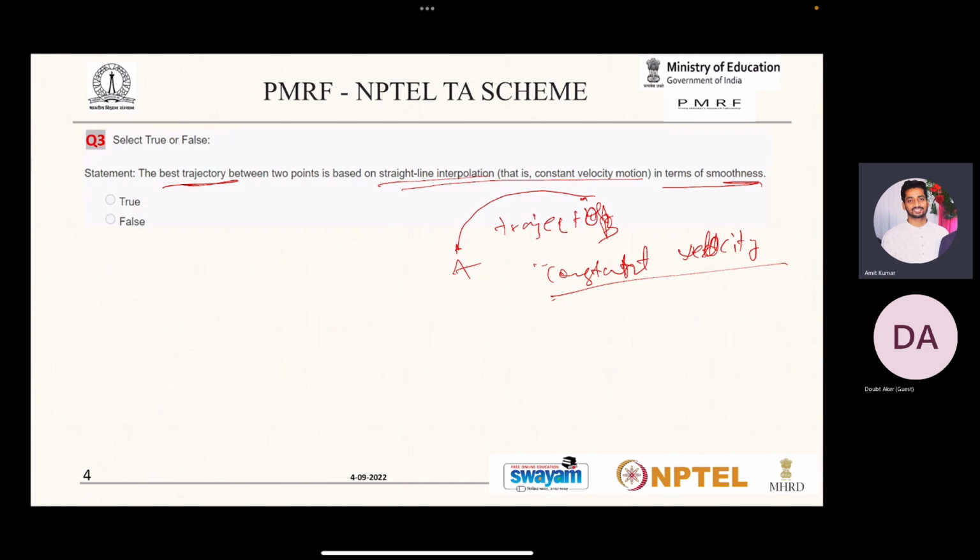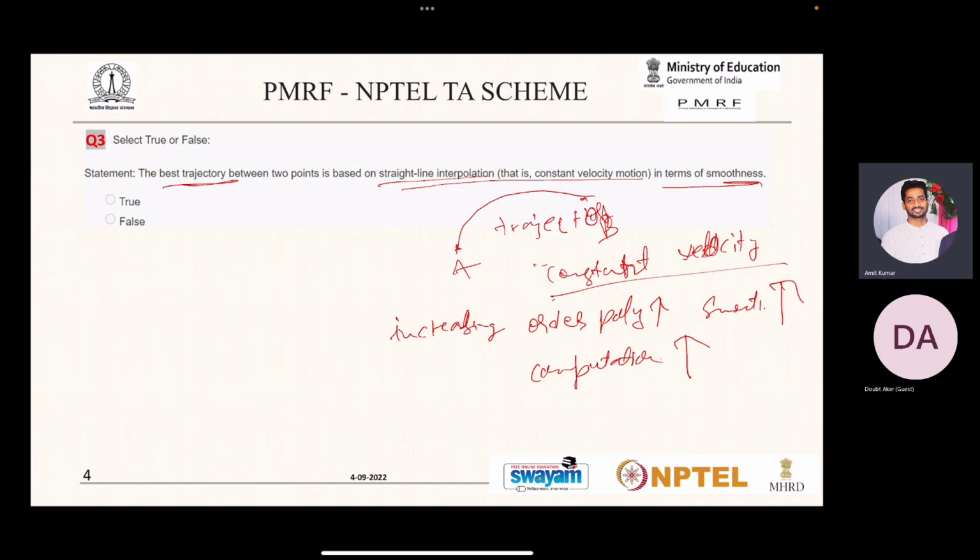In fact, if we keep on increasing the order of the polynomial, the smoothness will increase. But again, the computation you also have to think about, so computation will also increase.